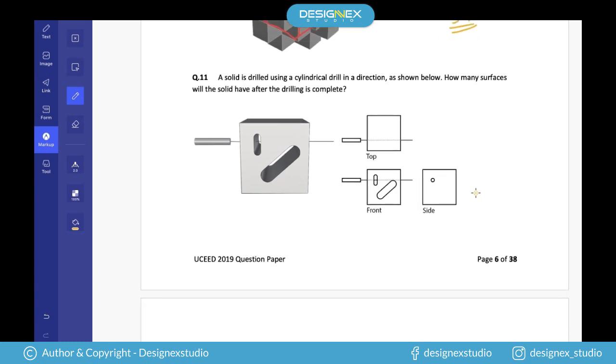Okay, 11th one, one hole is drilled, a cylindrical hole. You have to find out how many faces it will have. From this one, it will make a cavity that goes like a cylinder from here. But in this one, it will not make a cavity per se.